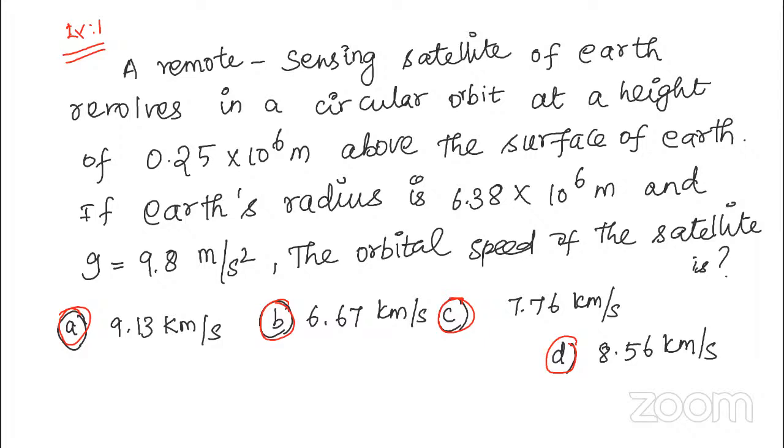Yes, it is absolutely the fourth equation. Equation 3 or 4, it is almost the same. Okay, the fourth equation we have to choose. So now go for the solution. What is the formula? It is V naught is equal to R into square root of G by R plus H. Okay, very good.